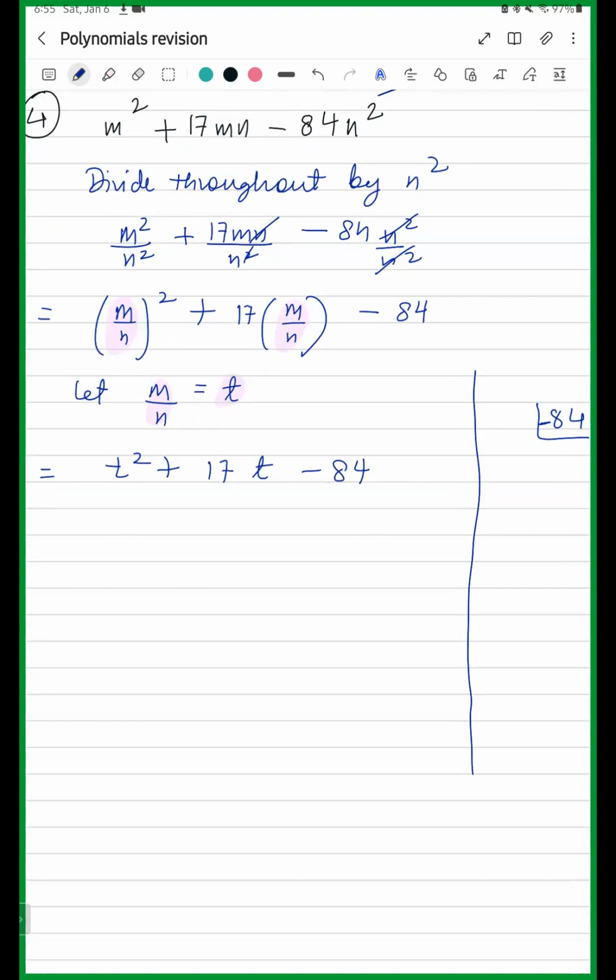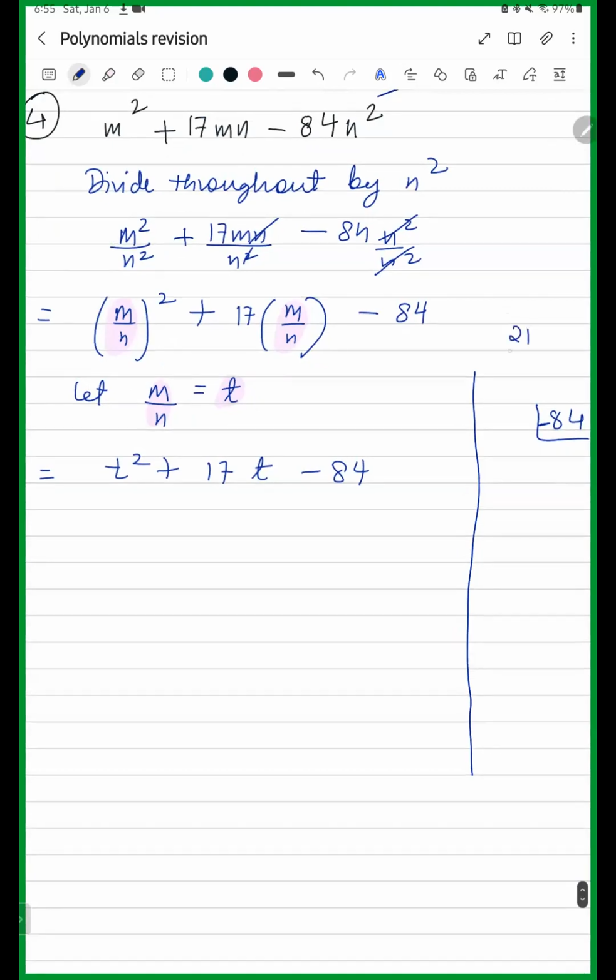Okay, so 21 multiplied by 4 is 84. And 21 minus 4 is 17, right? So 21 multiplied by negative 4 is this. So t square plus 21t minus 4t minus 84.